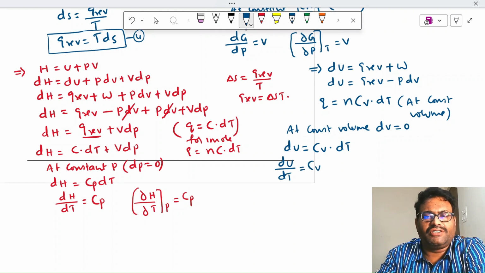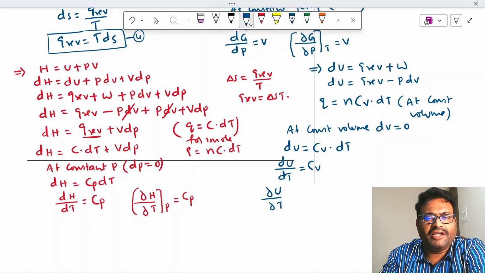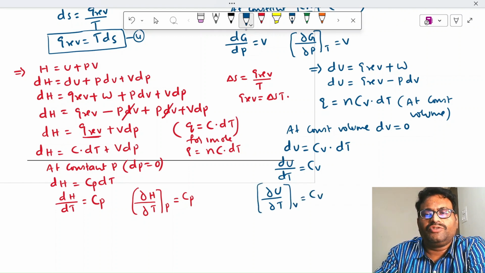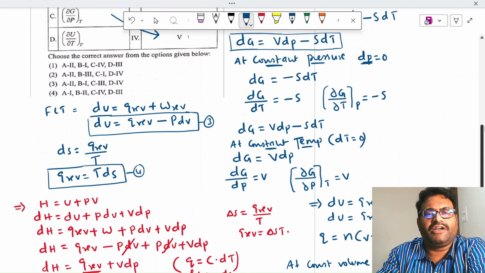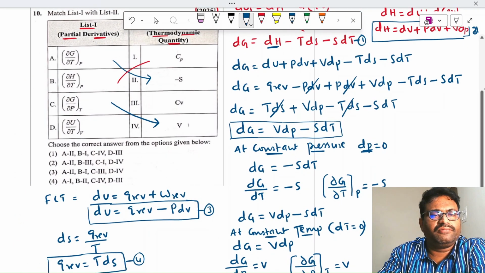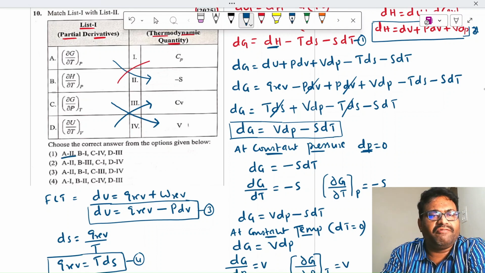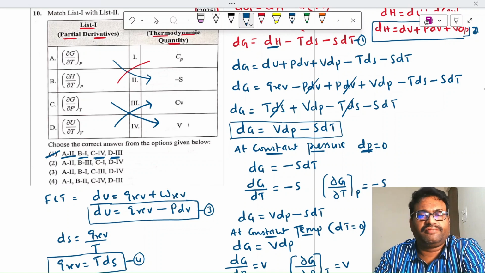And as this is at constant volume, I can write del U by del T at constant volume is equal to Cv. So A2, B1, C4, and D3. So what is the answer? First option is the correct answer.